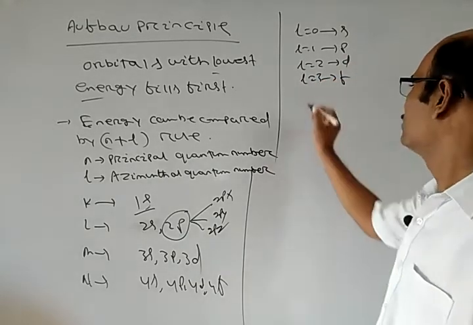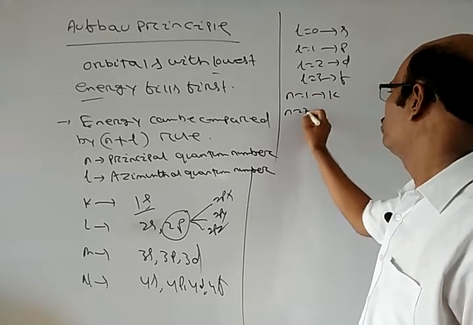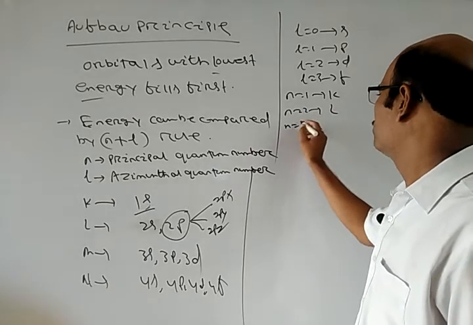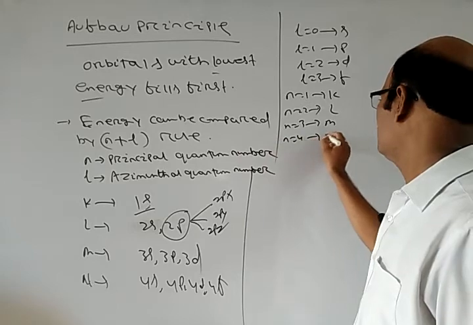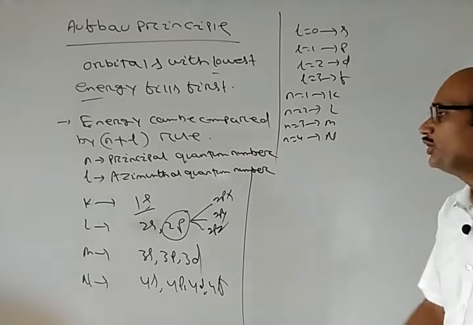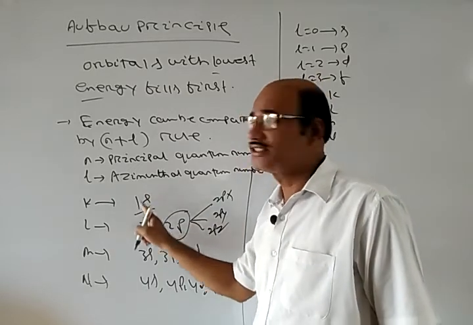Similarly, n equal to 1 means K cell, n equal to 2 means L cell, n equal to 3 means M cell, and n equal to 4 means N cell, and so on. So this 1s means the s subcell of cell number 1.